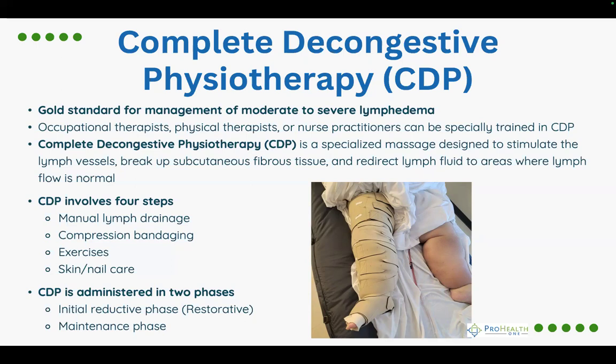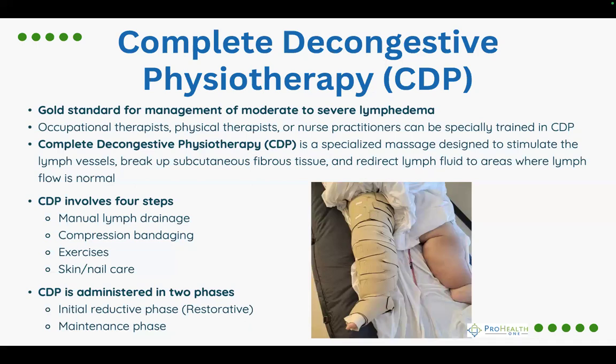A big component of it is a very specialized massage that's designed to stimulate lymph vessels and break up some of that subcutaneous fibrotic tissue that forms in lymphedema, and then redirect some of that lymph fluid away from the extremities, back towards the central system to get you better lymph flow.